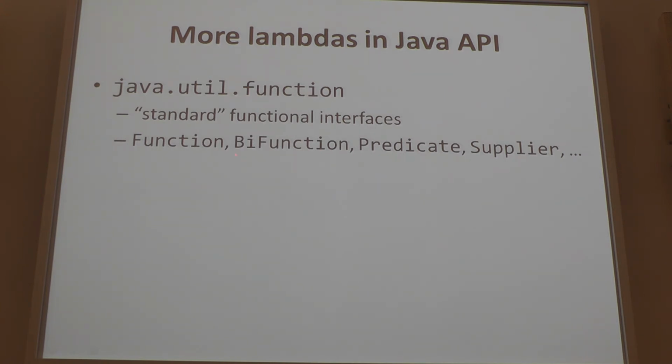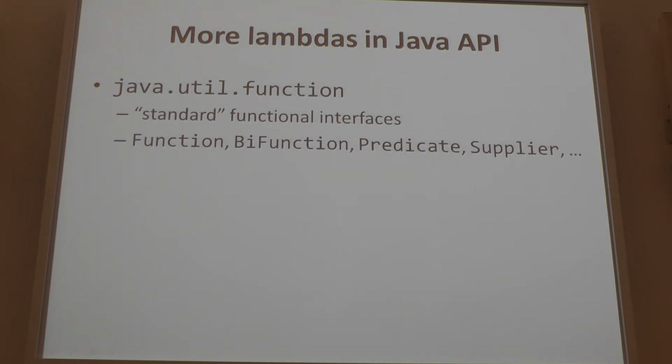You have a BiFunction that is basically the same thing as a Function2 in Scala, but you don't have a TriFunction or QuadFunction or anything like that. And you don't really need to use these. Those are just prepared for you, so you don't have to define your own functional interfaces for the common use cases.